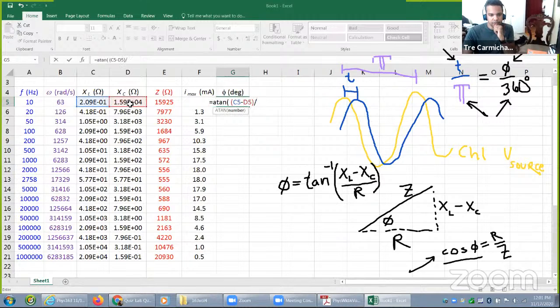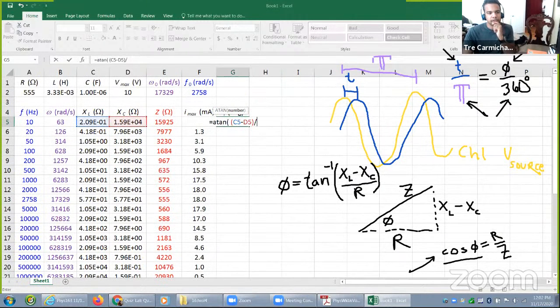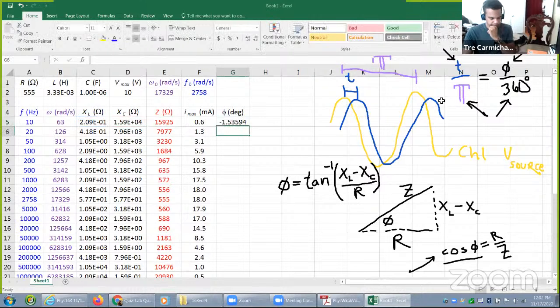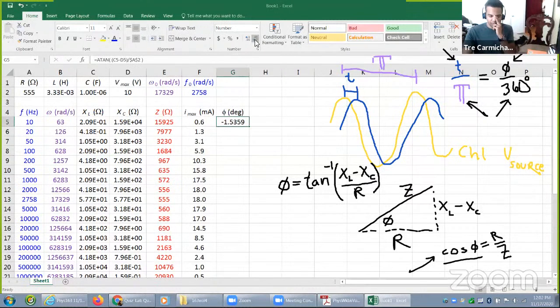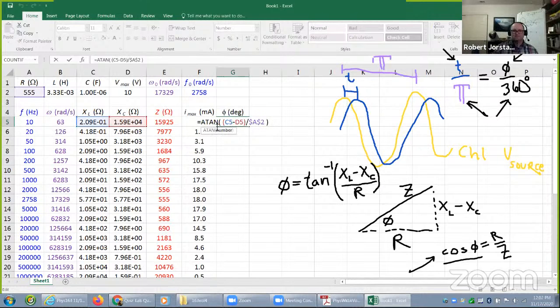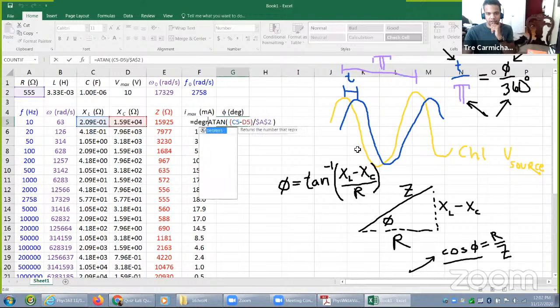And then all of that divided by R, which is up there. You have to convert it, that's currently in radians. So what do I do? Type in degrees and then put all of that in parentheses.